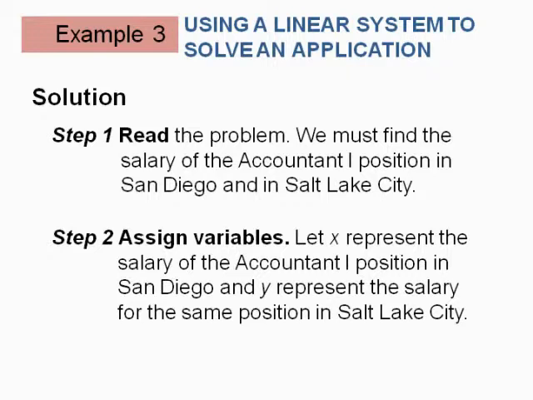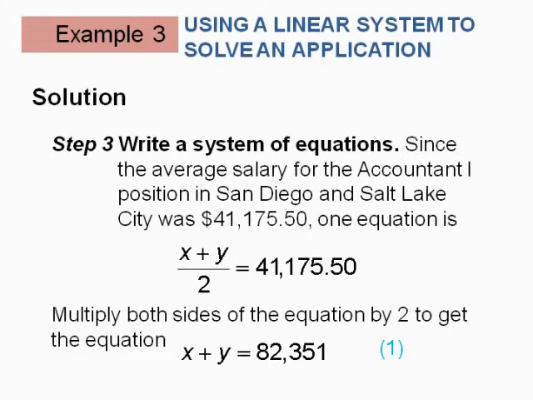We must find the salary of those positions in both cities. Assign variables: we'll let X be the Accountant 1 position in San Diego and Y be the salary for the same position in Salt Lake City. Write a system of equations. So here's the first one.